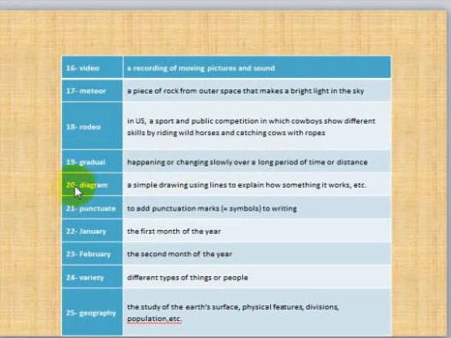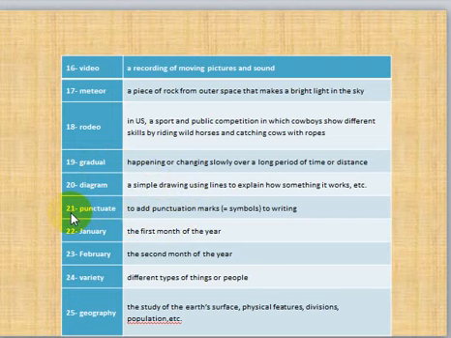Number 20, diagram, a simple drawing using lines to explain how something works. Of course, you will review these words and their definitions and study them well, and will also answer many questions and examples about them. Okay, gradually you will understand the words.